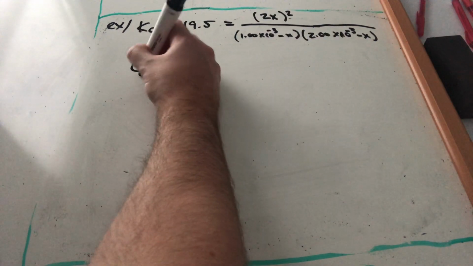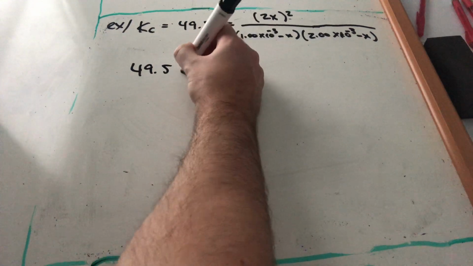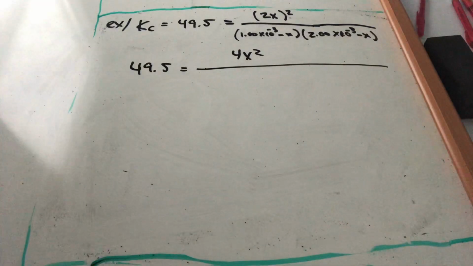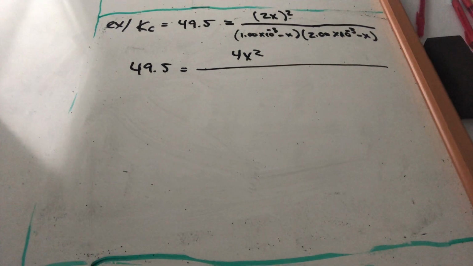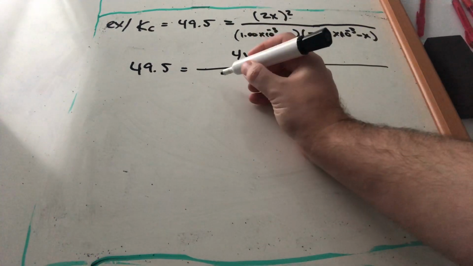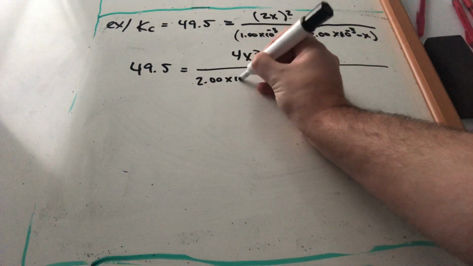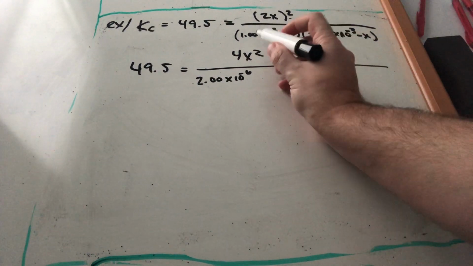So we're going to get 49.5 is equal to 4x squared over a quadratic in itself. This times this is going to give me 2.00 times 10 to the minus 6.